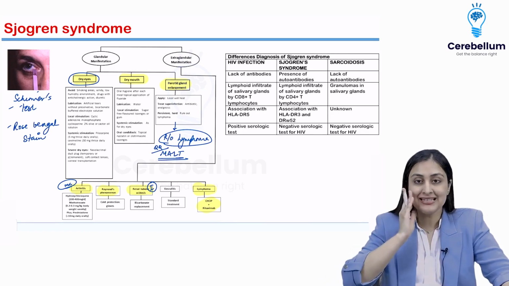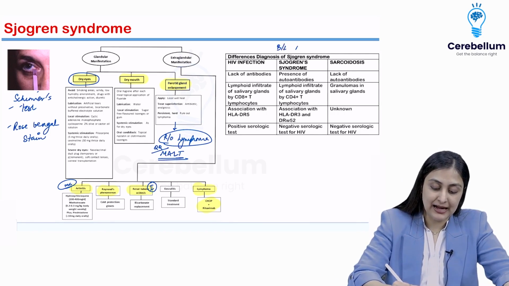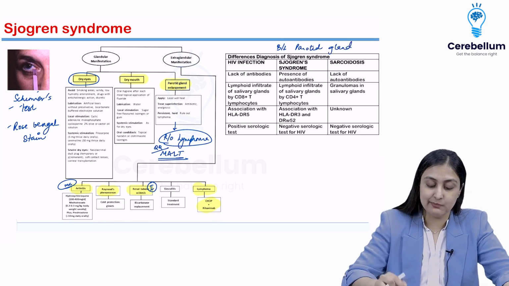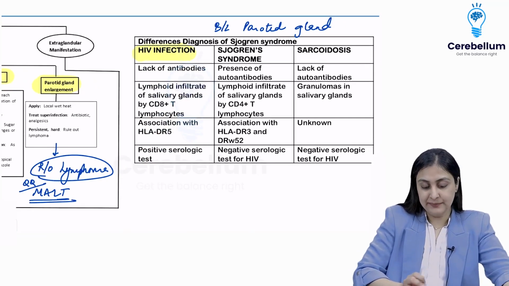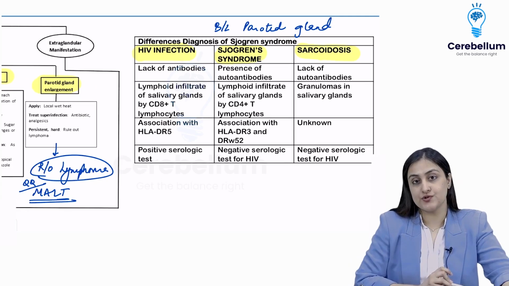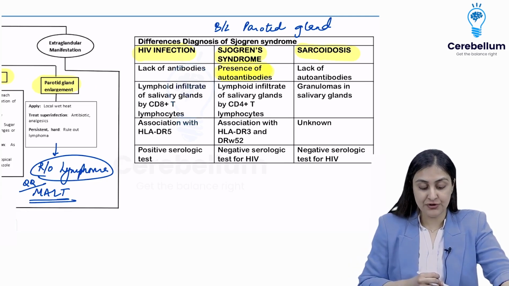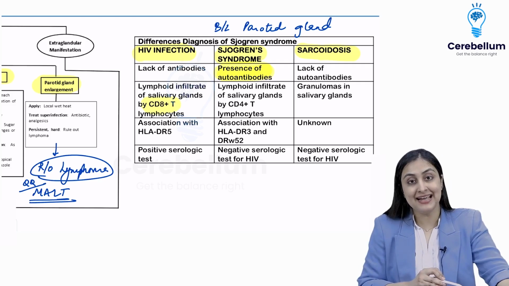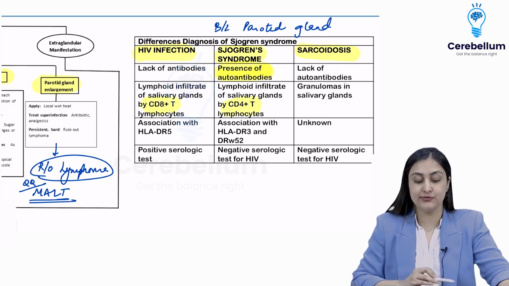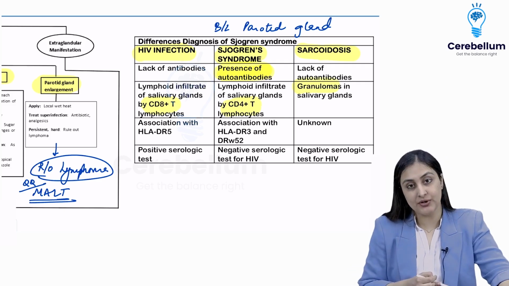Okay, now anytime you have glandular enlargement, bilateral parotid gland enlargement, there are three differentials that you want to rule out. Very important table. This is again from Harrison's. So one is HIV, Sjogren's, sarcoidosis. Presence of anti-Ro, anti-La favors a diagnosis of Sjogren's. If you have lymphoid infiltrate, very important, CD8 infiltration is HIV, CD4 is Sjogren's, whereas granulomas will be seen in sarcoidosis.